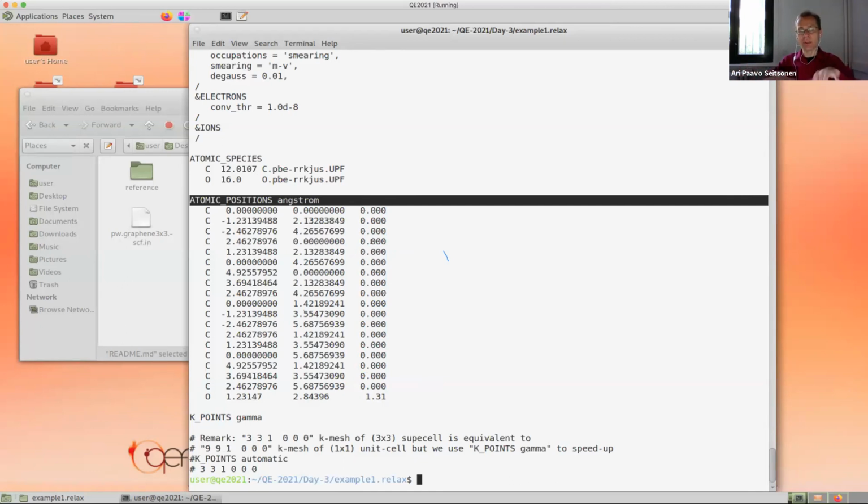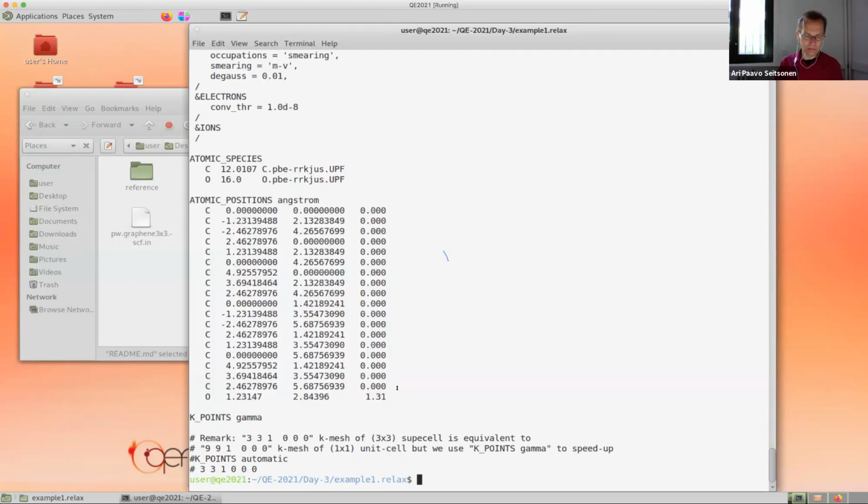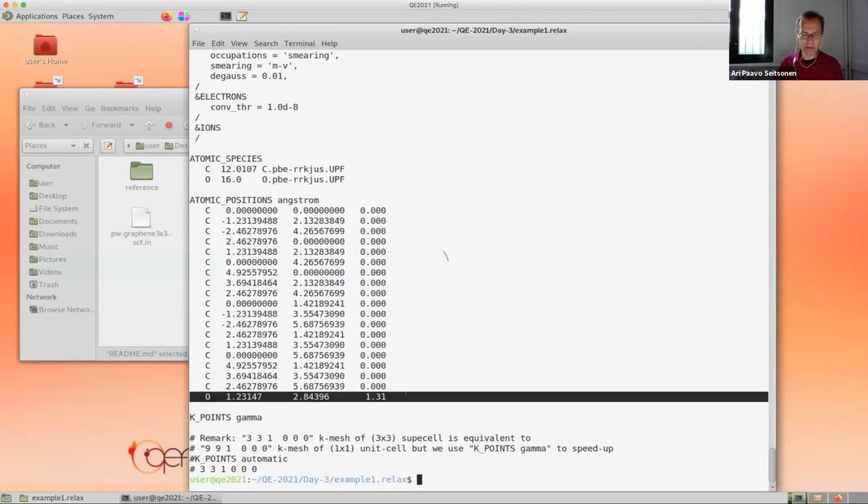So we had to multiply this parameter LDM1 by 3, and that changes this ALAT parameter. So we should change the coordinates correspondingly if you're using the ALAT coordinates throughout. So now they are given as absolute coordinates in angstroms, and we have the 18 carbon atoms and the 1 oxygen atom.